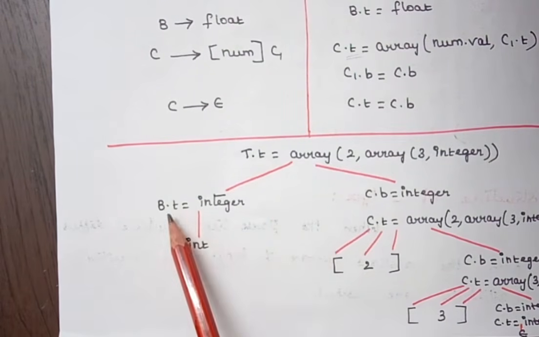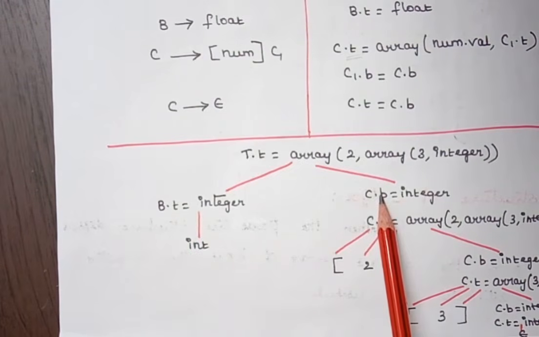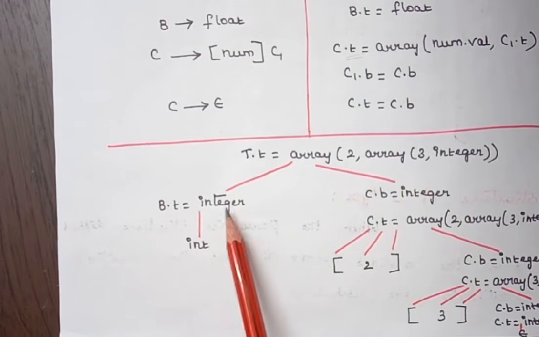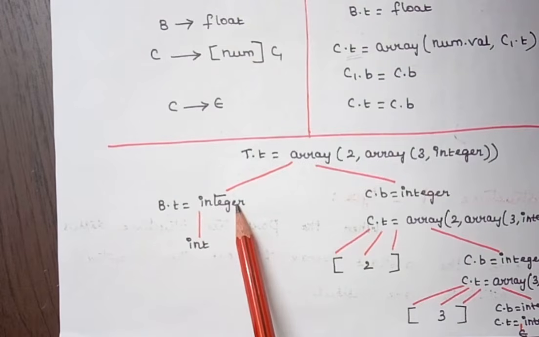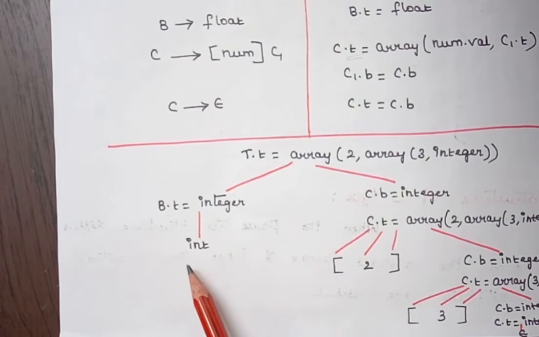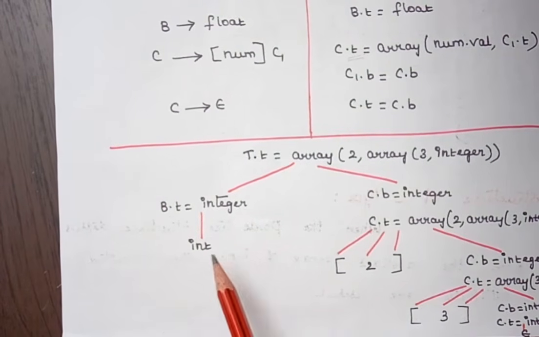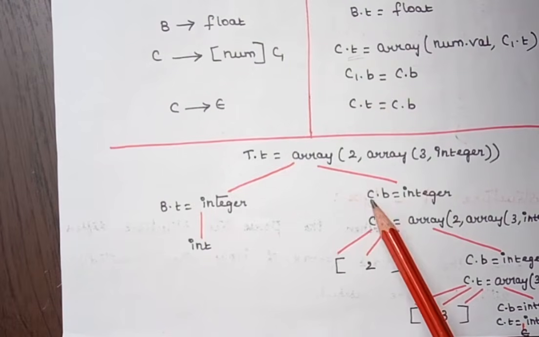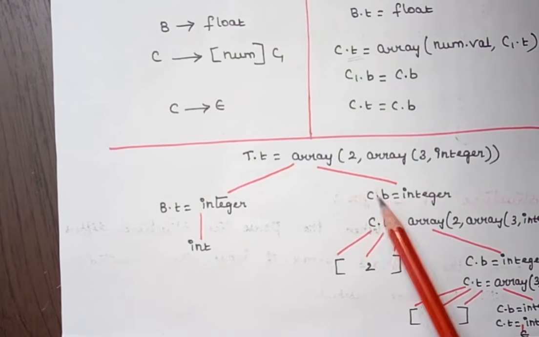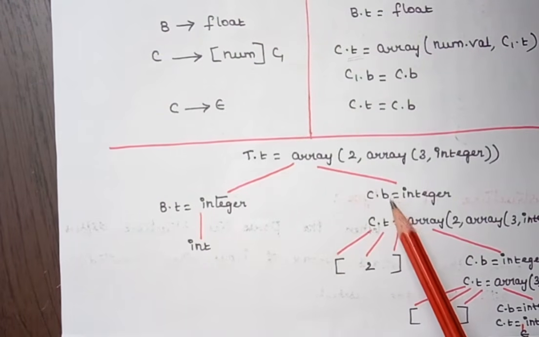For this T we have the production B C. Here B is a synthesized attribute, and this value can be defined from this integer.